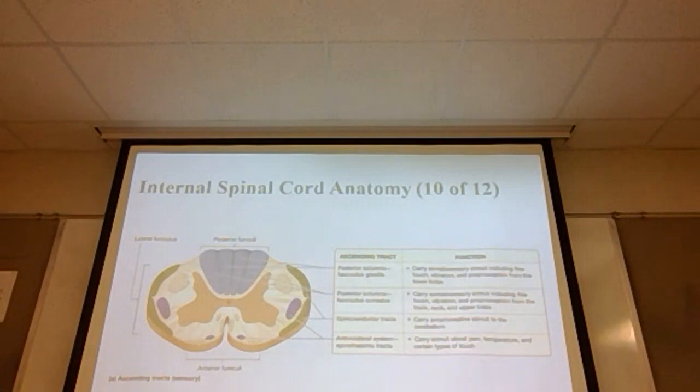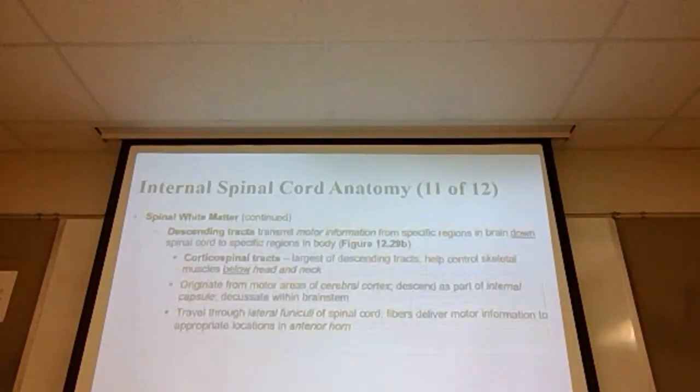And then here is a cross section showing the lateral funiculus, the posterior funiculi, the anterior funiculi. There's the spinocerebellar tracts, the anterolateral system, posterior columns, and the fasciculus gracilis, all of those components, and then their functions listed for you there.